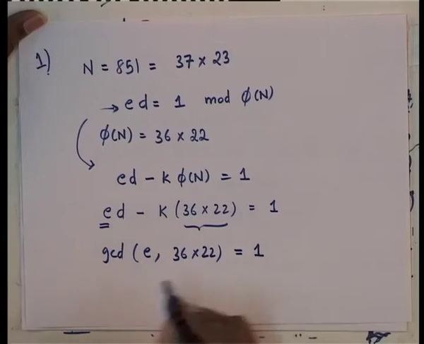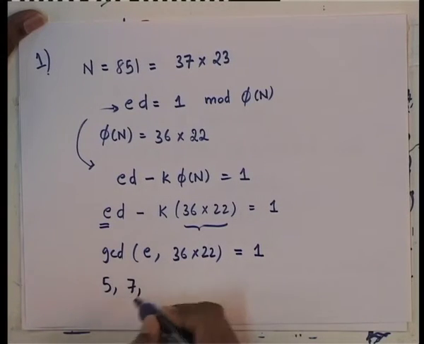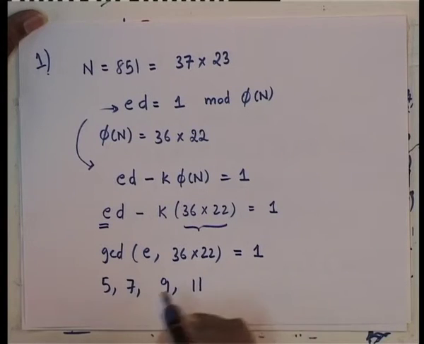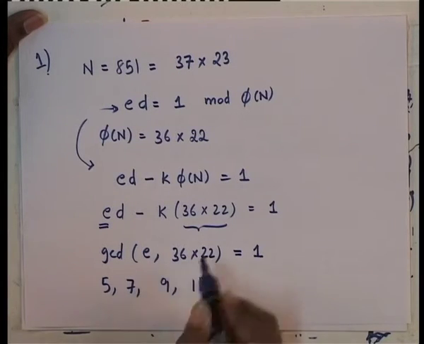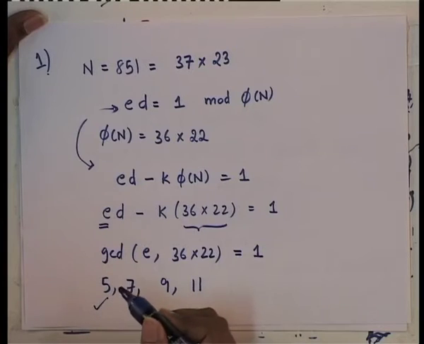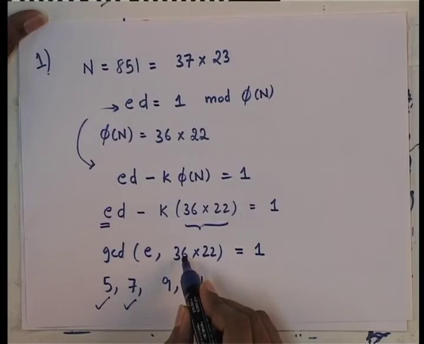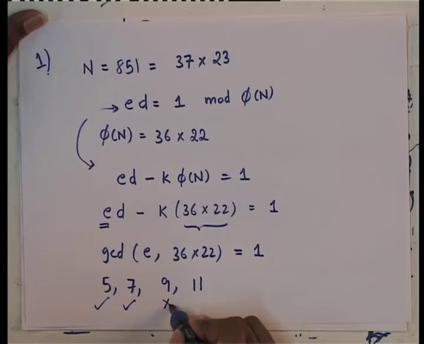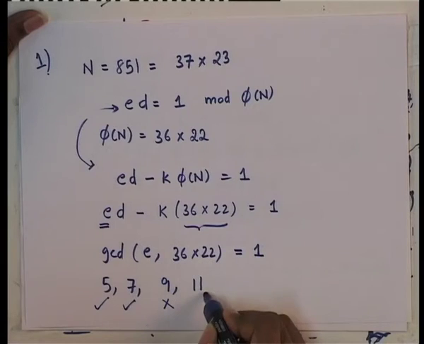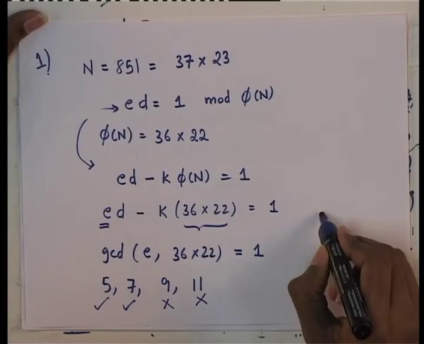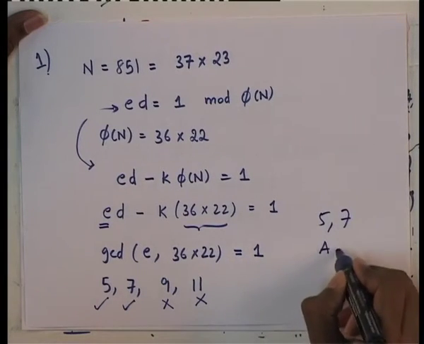So, in the given options 5, 7, 9, 11, 5 does not have a common factor with 36 times 22. So, 5 can be a possible E, same with 7, but 9 can divide 36. So, we cannot use 9, and 11 can divide 22. So, we cannot use 11. So, the correct options are option A and option B.